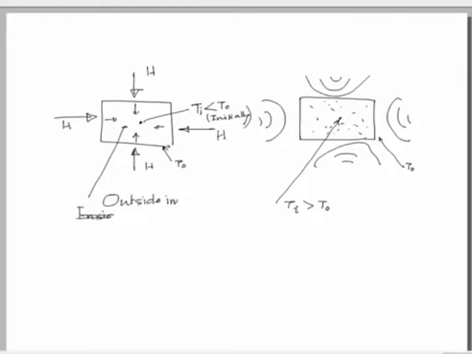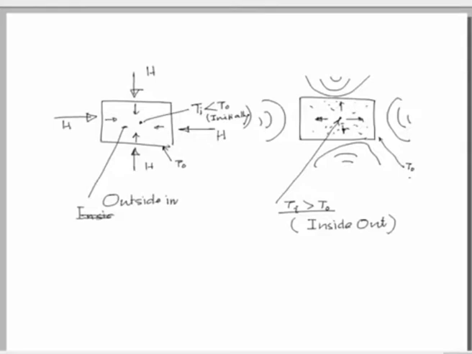Therefore, because of this, it is also called inside out heating. That means if this temperature is higher than the outside temperature, heat will be transferred from this side to this side.